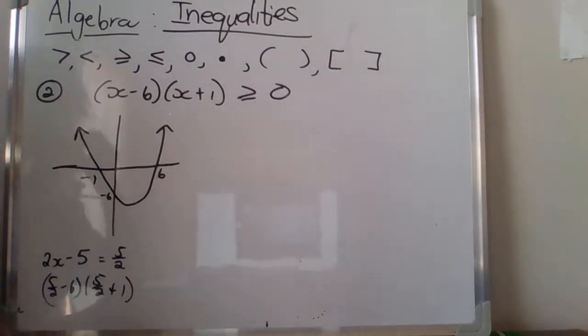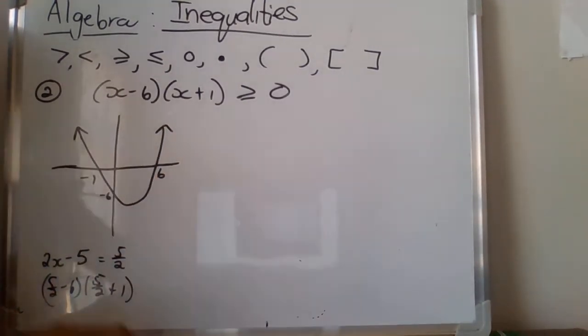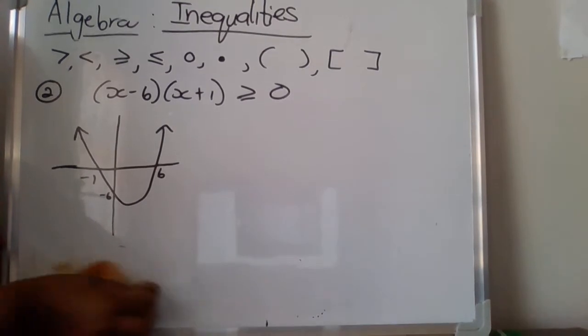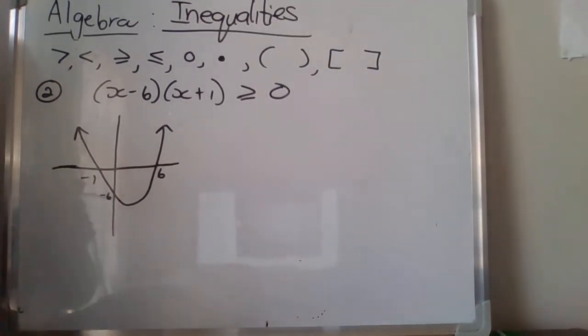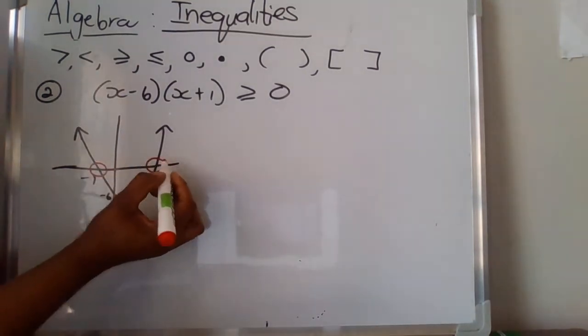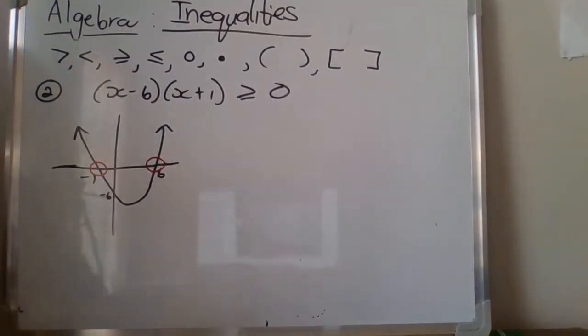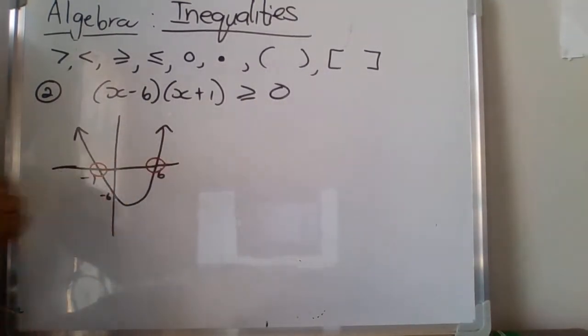So if we were to then solve this graphically, you would draw the function, you draw the parabola, and then from there, you would see where are my critical values. Remember, the critical values are at -1 and 6. So where is my graph equal to 0 and positive?